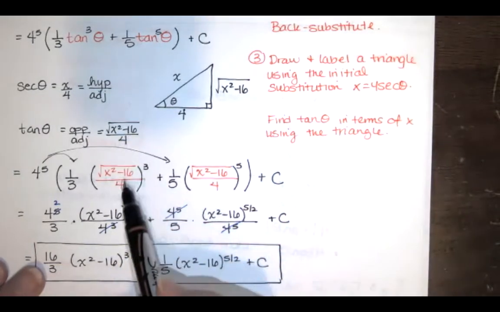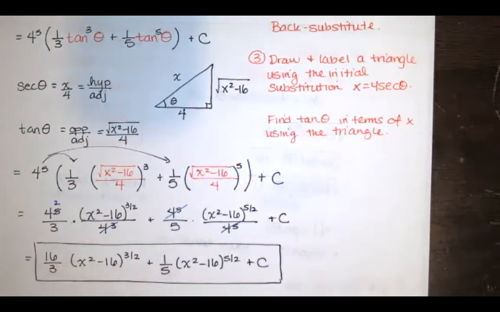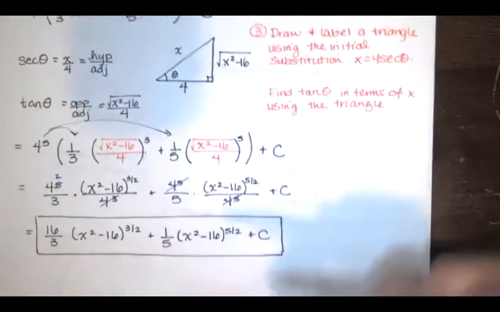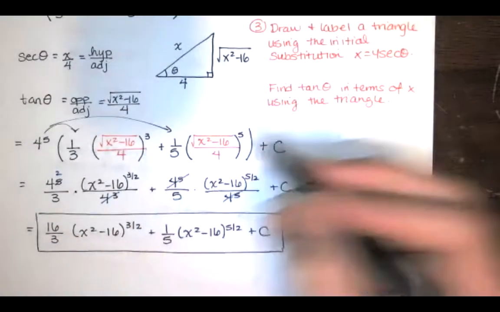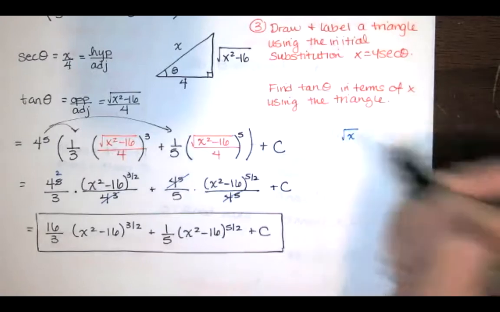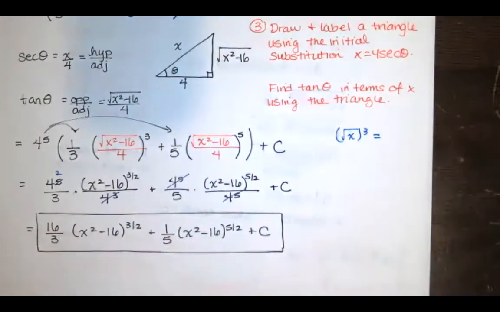We replaced every tangent of theta with this expression. And then we did a little bit of algebraic manipulation to get from up here to this simplified answer. Probably should have done this algebraic manipulation stuff before as we were working the problem, but I can do it now.